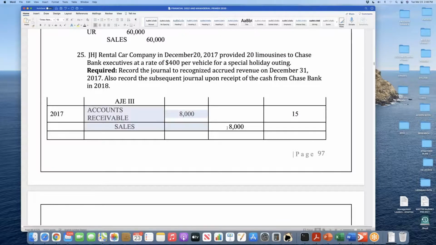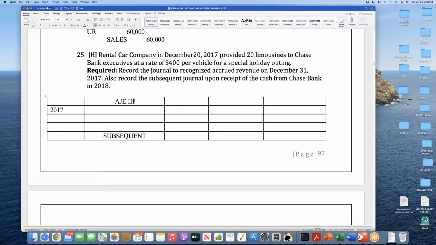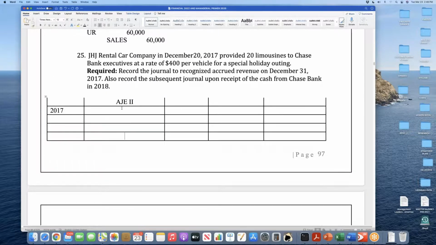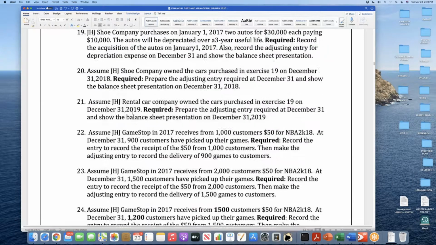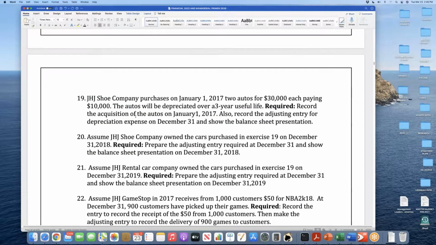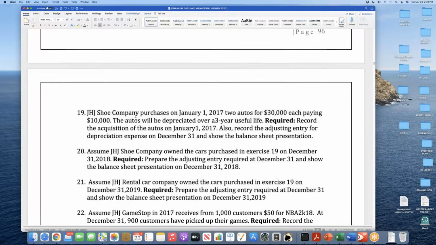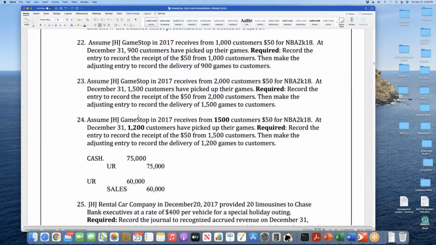So let me just clear this out. And we're dealing with AJE2. Okay. So what's the first entry we're gonna make? Well, wouldn't the first one be cash and then unearned revenue?